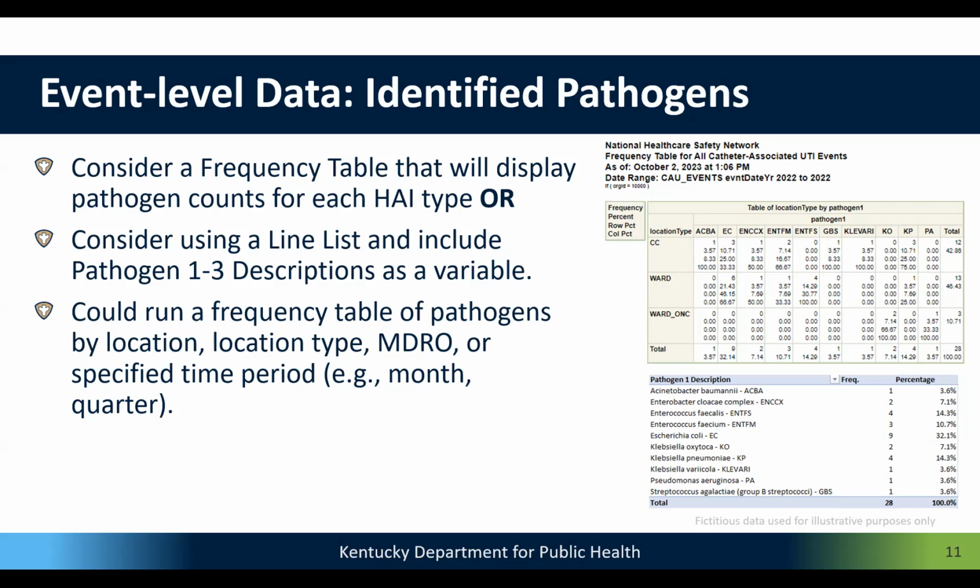This approach helps you identify trends and patterns in specific pathogen prevalence within specific contexts. For instance, you could assess which locations or units have a higher incidence of MDRO-related infections or how pathogen frequencies have changed over time.